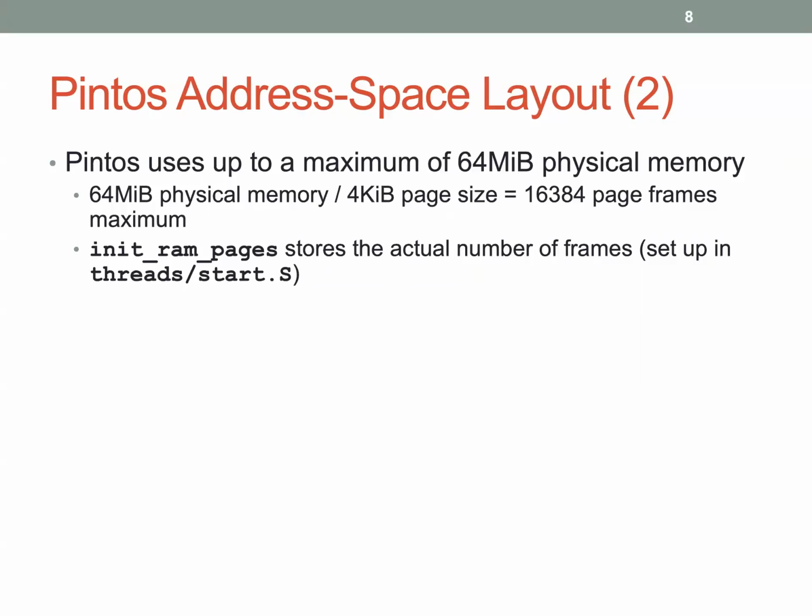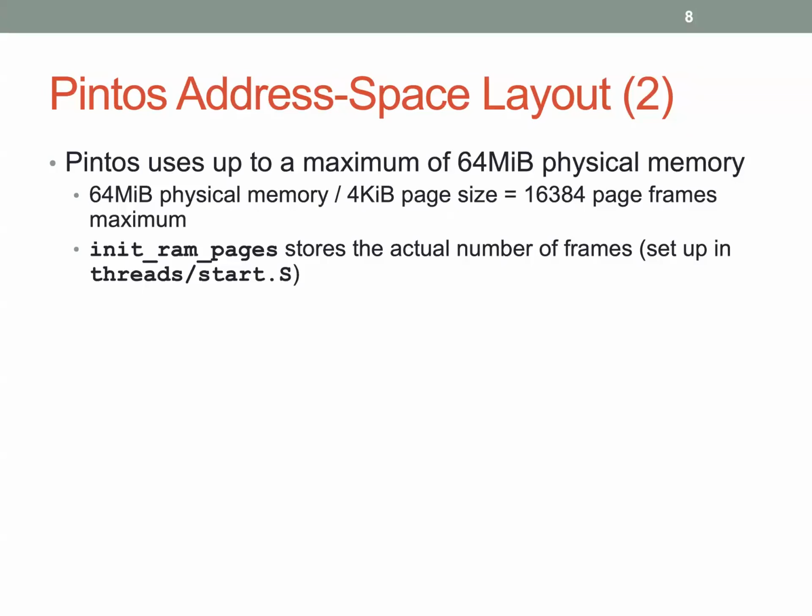Now that's the total, okay? Remember that Pintos will divide this into a kernel page pool and a user page pool. So kernel pages can be drawn from those 16K pages, and user pages can be drawn from these pages, but it's half. So 8K of those pages are used by the kernel, and 8K of the pages are available for user processes to use.